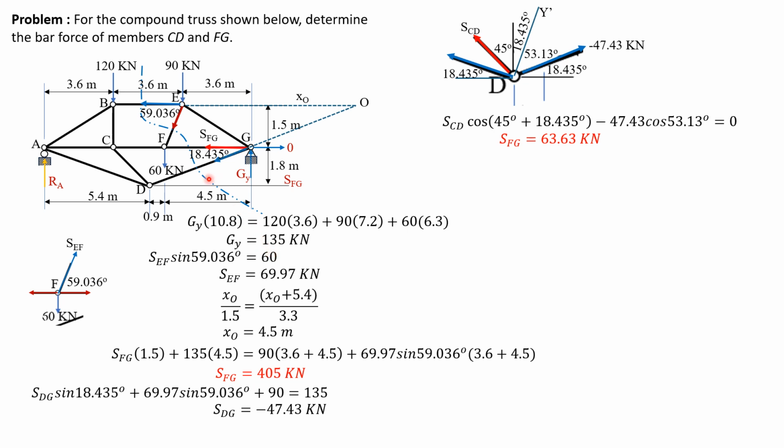We can also solve directly for DG if we introduce a cutting section and proceed by summing up vertical forces, considering the right portion of the section, because there are two members that are horizontal and only this member is inclined.